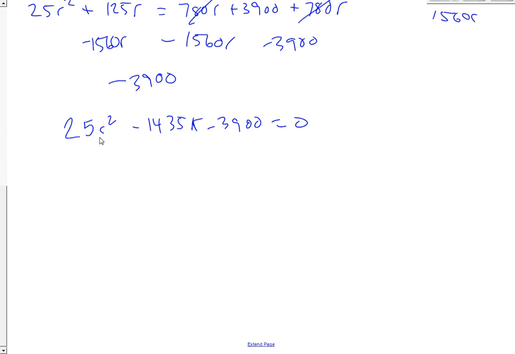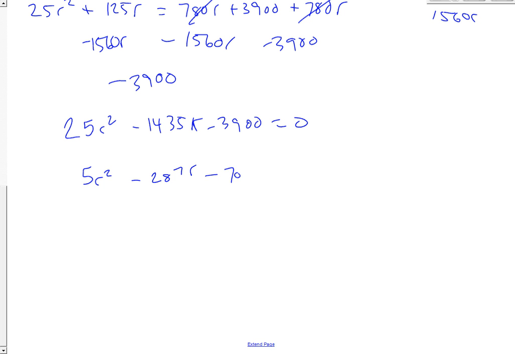It's a quadratic, so I need to use the quadratic formula. I could divide things by 5. That would give me 5r squared minus 287r minus 780.